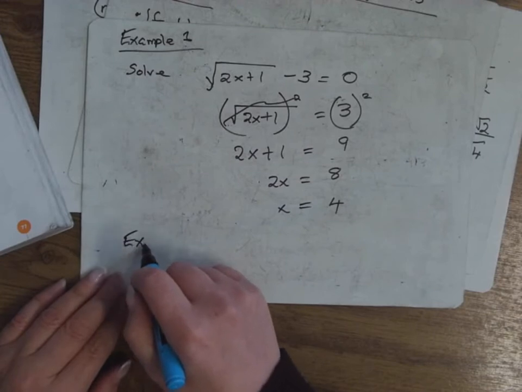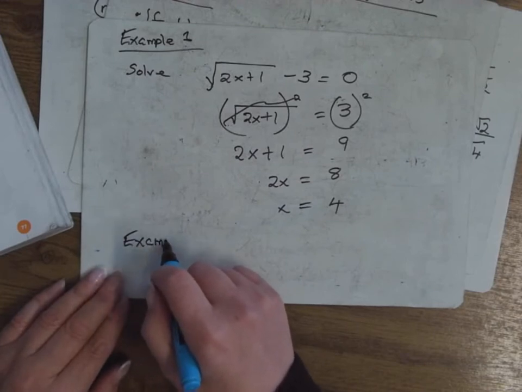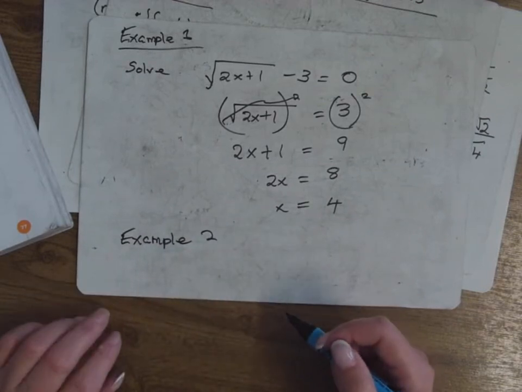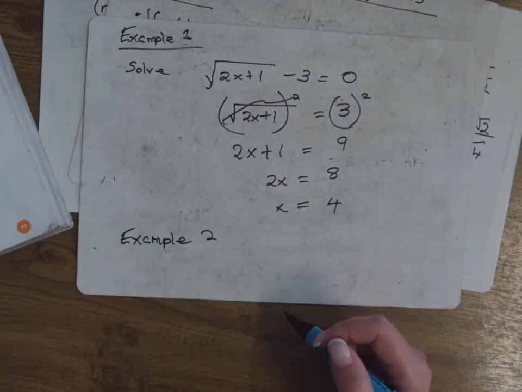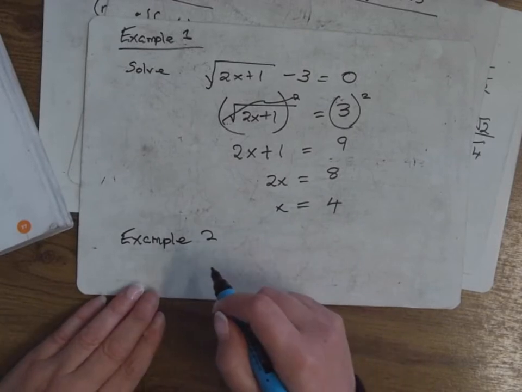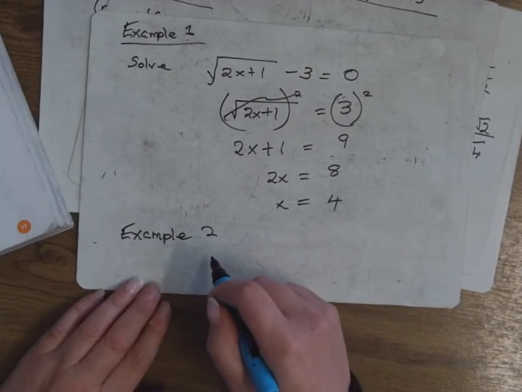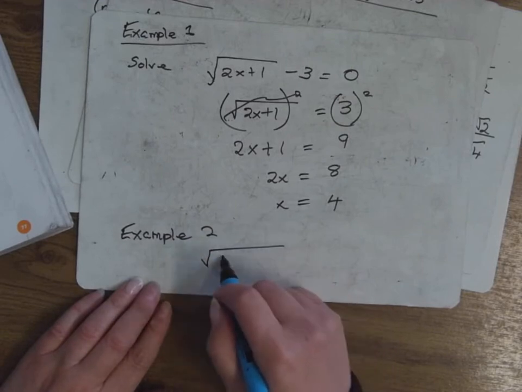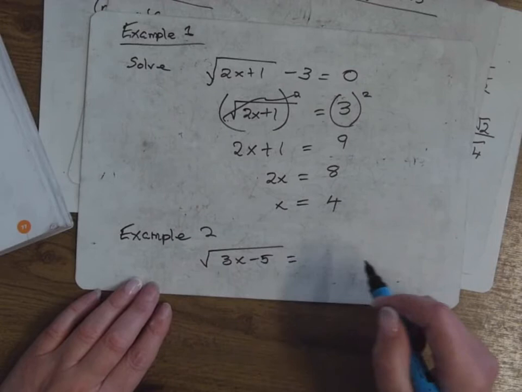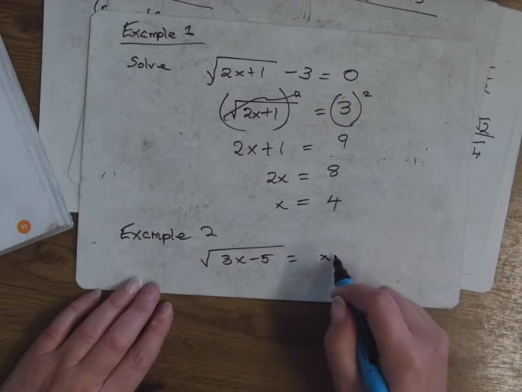Right, example 2. Let's see. Right, square root of 3x minus 5 equals x minus 1.